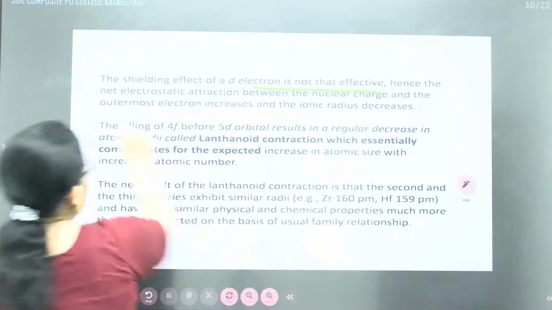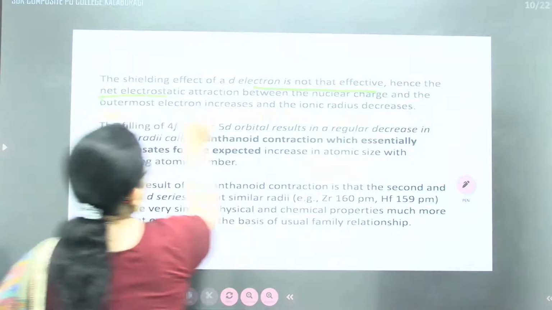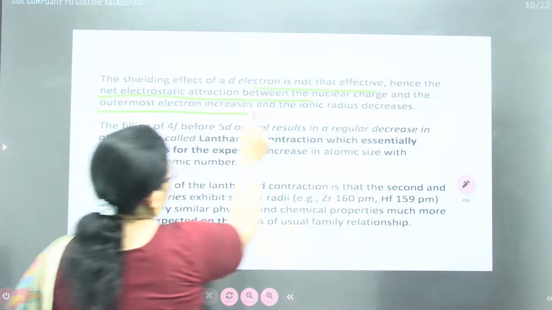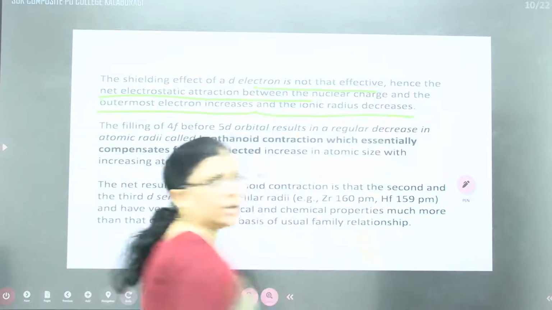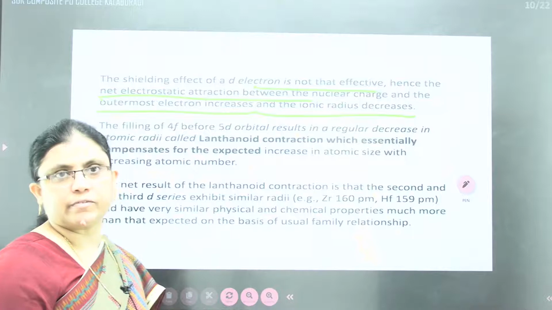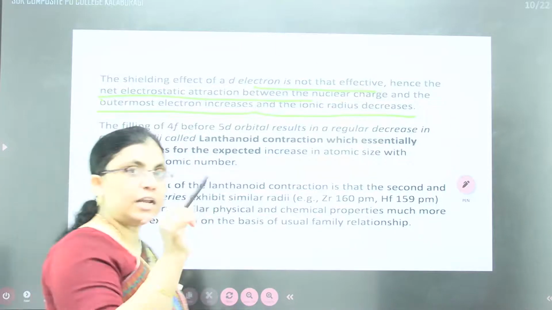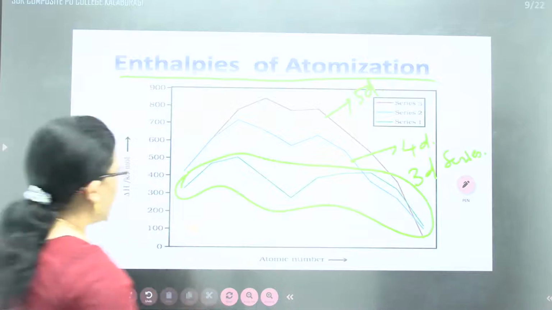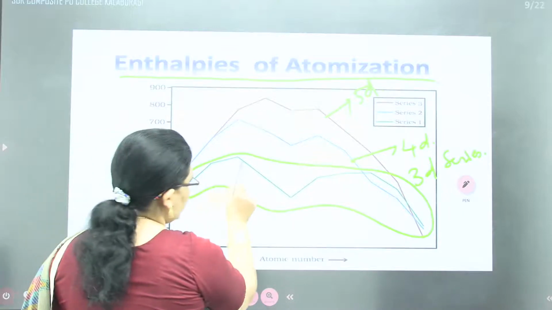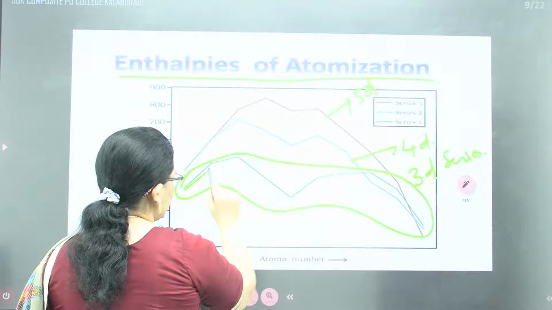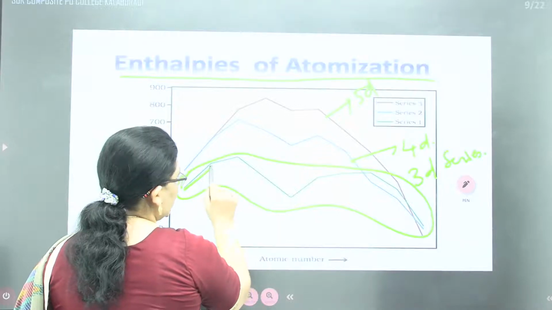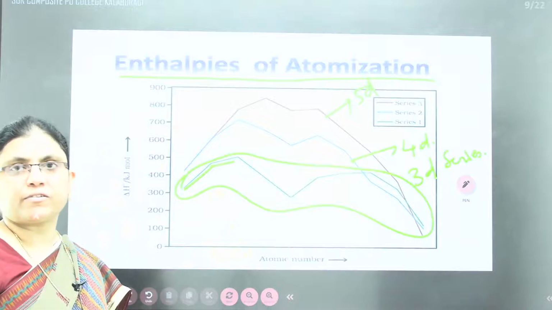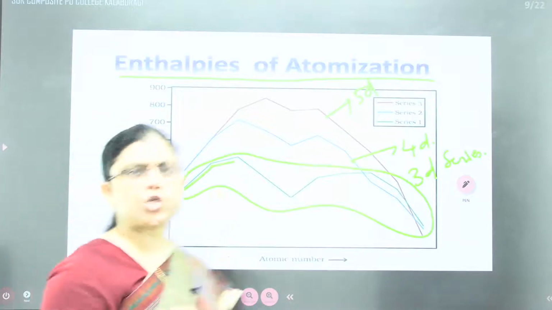Hence the net electrostatic attraction between the nuclear charge and the outermost electron increases, and there will be a decrease in ionic radius. That's why whenever we deal with such a graphical representation, we need to concentrate on how they remain constant, and in what way there is a slight increase and further it keeps increasing. Slight variation will be there.